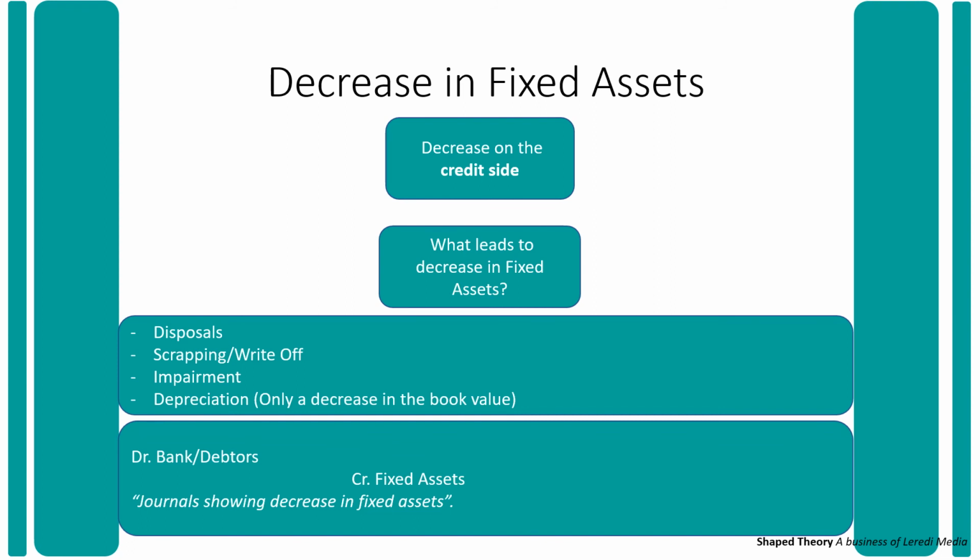If the company decided to sell that fixed asset using credit, it means that the debtors that you have increased. And because the debtors are assets, they will therefore increase on the debit side. In that regard, in both instances, you would have to debit an asset, either in the form of bank or in the form of debtors or receivables.